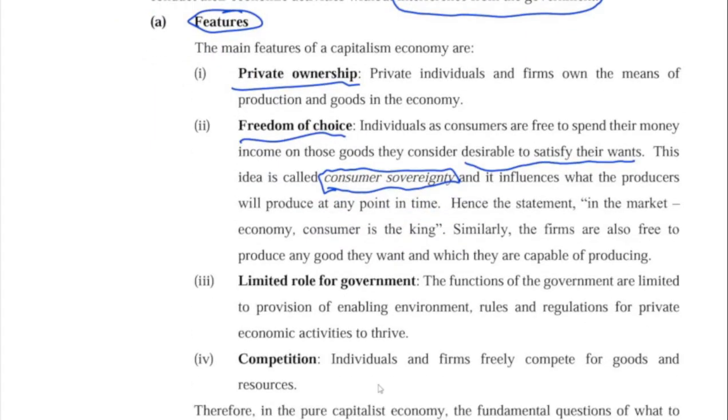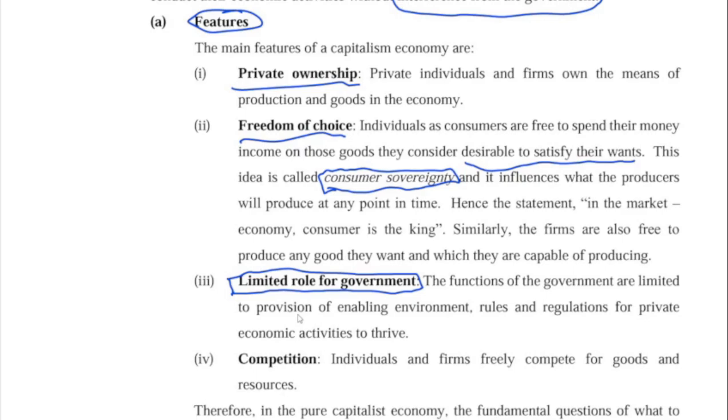We have limited role for government. It's not as if government is non-existent, but they have a limited role. The functions of the government are limited to provision of an enabling environment, rules and regulations for private economic activities to thrive.